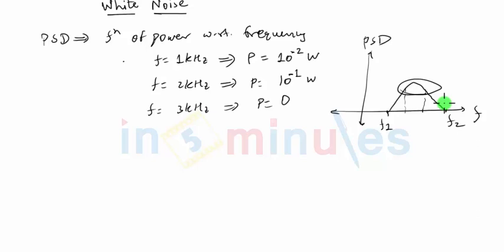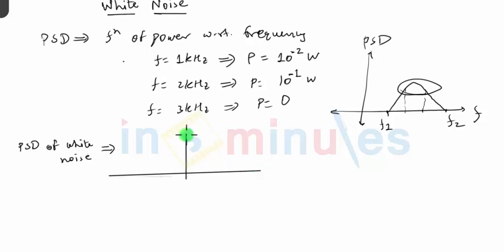Now let us discuss what is a white noise. A white noise is nothing but a noise which has a flat or constant power spectral density. So if I draw the power spectral density of white noise, we draw the two-sided power spectral density. Power spectral density is a function of frequency. Then we get a flat line, a constant line.